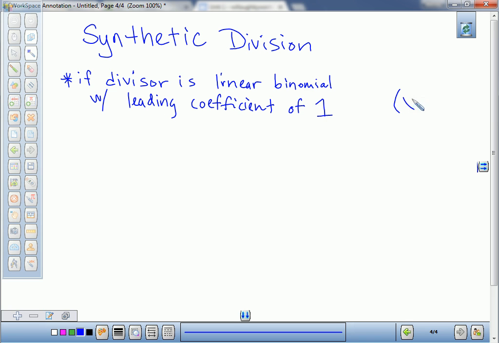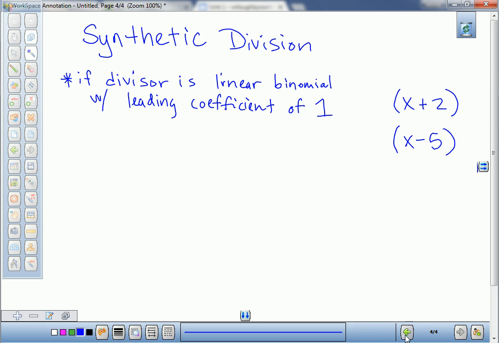Well, it could look like the ones we've already done. That's a binomial, isn't it? The x is to the first power, and it's an understood 1. X minus 5 is a linear binomial with a leading coefficient of 1. So if these were your divisors, you could use synthetic division, and you probably should. Synthetic division is a nice shortcut.